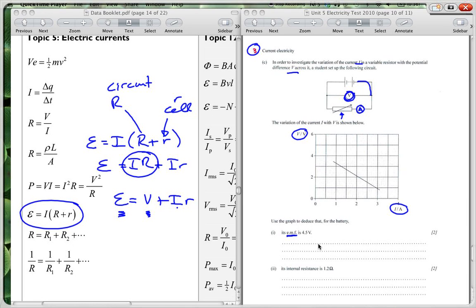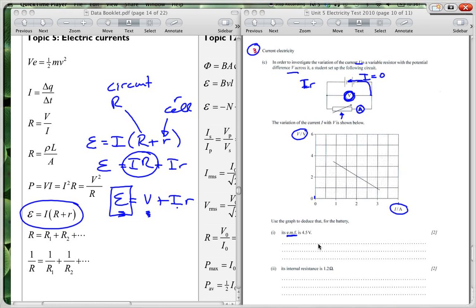So when I have 0 I, I'm able to measure my EMF. This is because when my current is 0, there is no current flowing through that cell, and therefore there is no loss of energy within the cell of Ir, the potential difference loss per coulomb of charge.